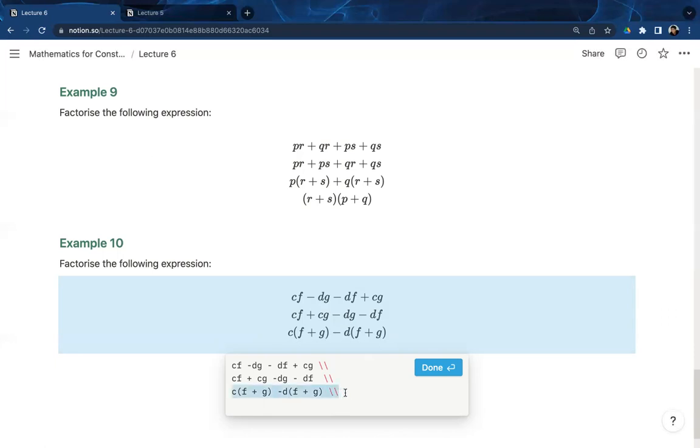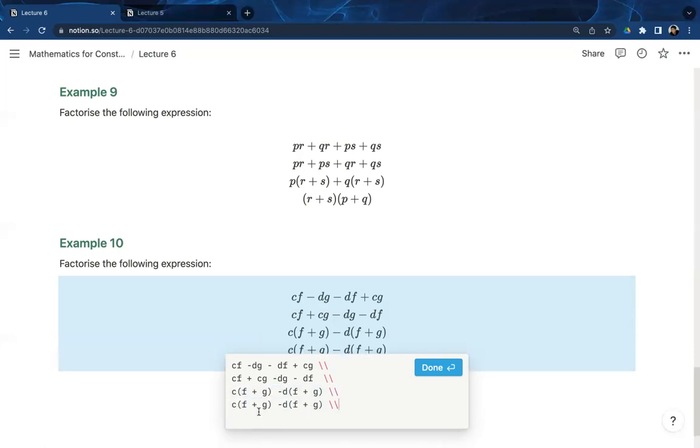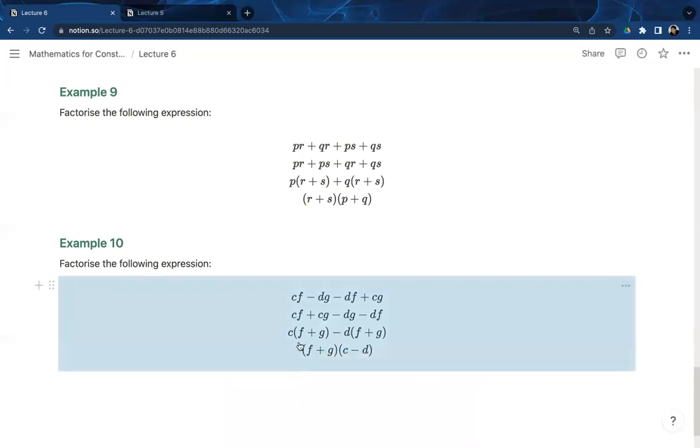So again, we rewrite the question. Factorize the F plus G. You take it out from here and here. If you take out the F plus G, what are you left with? Left with C minus D, and you just write the F plus G on the outside there. So this is the correct answer.